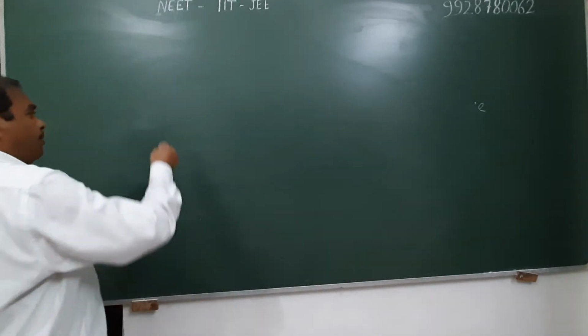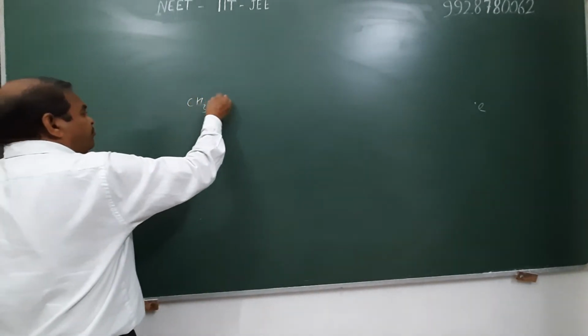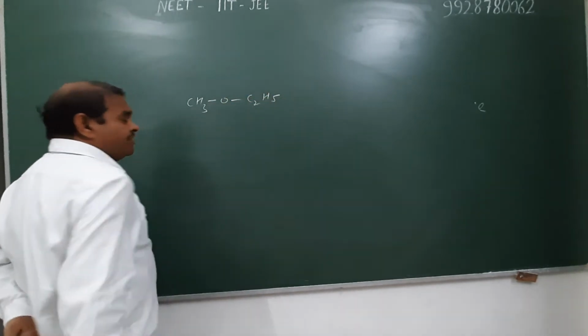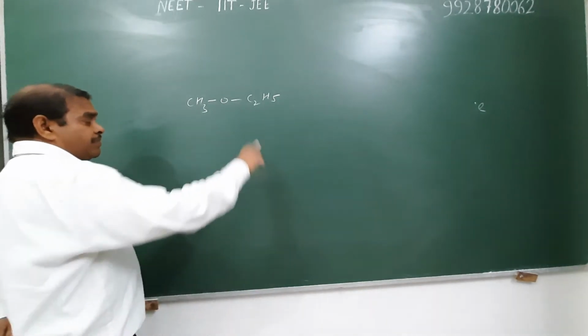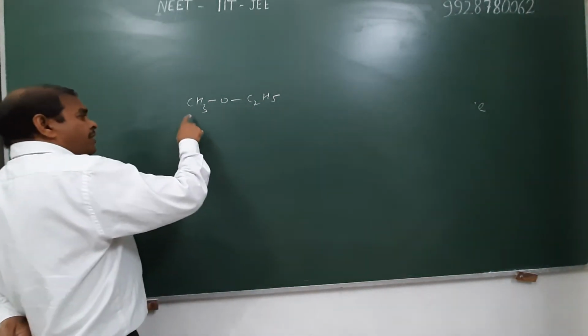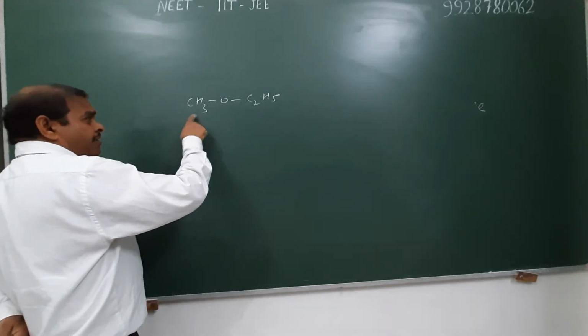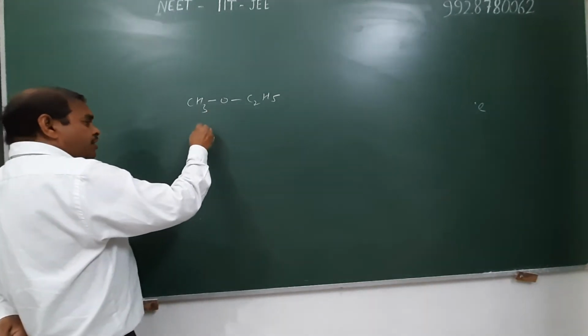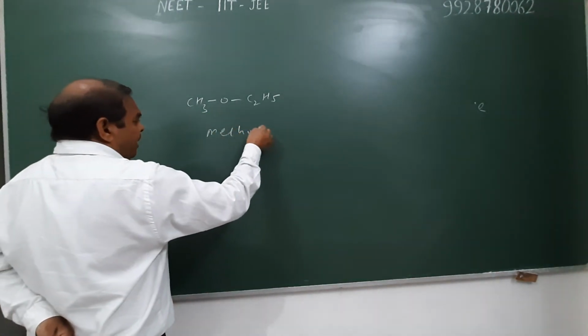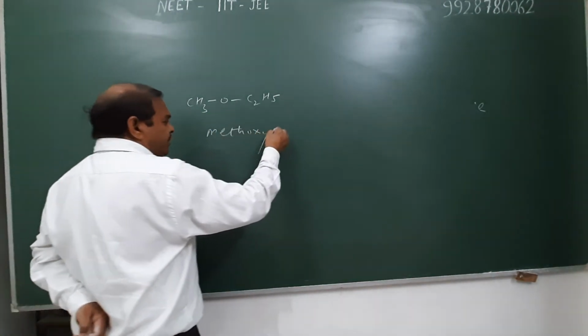the IUPAC name of the following compound. We select the principal chain carrying 2 carbon atoms, and as it is eth, and this is known as alkoxy. Use oxy, as in ethoxy, methoxy. Therefore its IUPAC name is methoxyethane.